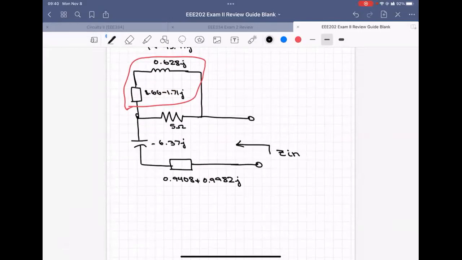Just visualize, since it's a combination, Z1 is an equivalent impedance. The Z is impedance, and when you write the bar on top of it, that just means it's a phasor. To get those impedances, for an inductor it's J omega L, and for a capacitor it's negative J over omega C.